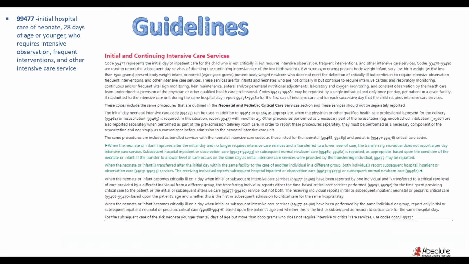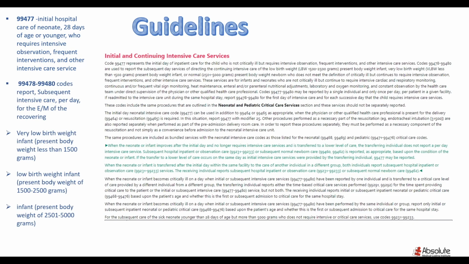We have a few guidelines here for neonatal intensive care services. CPT code 99477 is for initial hospital care for a neonate 28 days of age or younger who requires intensive observation, frequent intervention, and other intensive services.